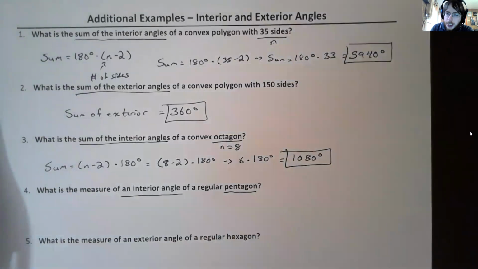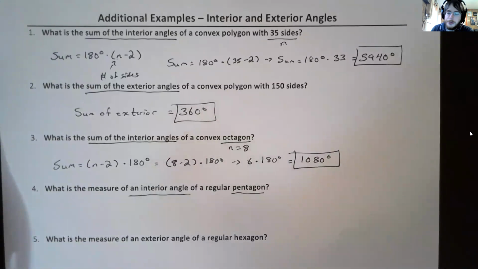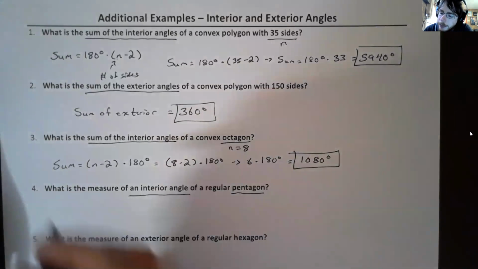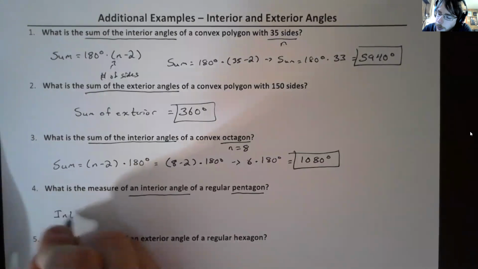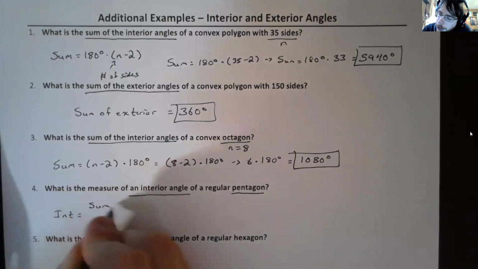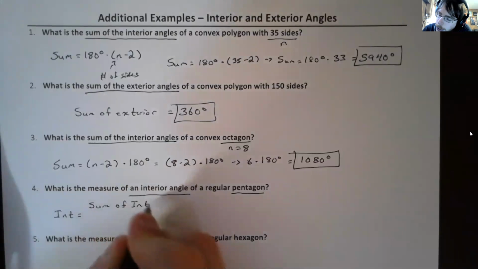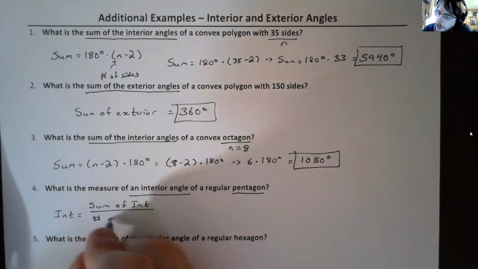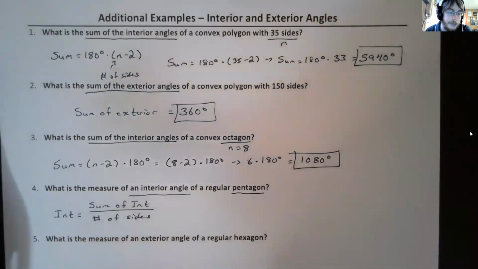To do this, most people decide that they want to find the sum first and then divide, and that's fine with me. So one interior angle is the sum of the interiors divided by the number of sides, which is just n.